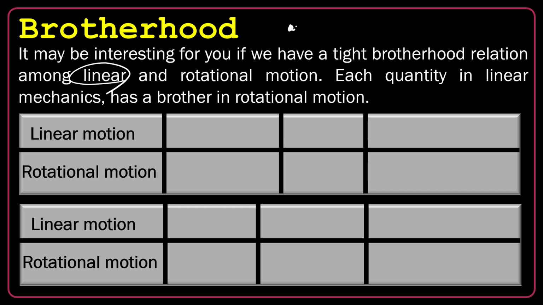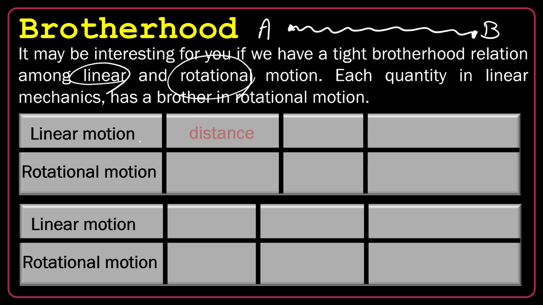Linear motion is about translation, where the object displaces from point A to point B. But rotational motion is not about that. It's when the object is orbiting or rotating, okay? There are a lot of interrelations between linear motion and rotational motion. For example, in linear motion, you know what the distance is, the length of the trajectory of the object when it goes from A to B.